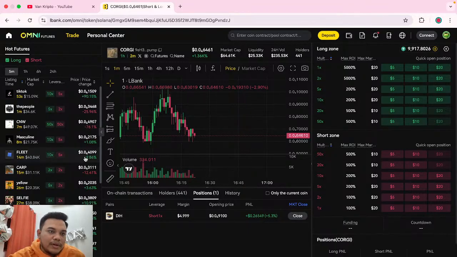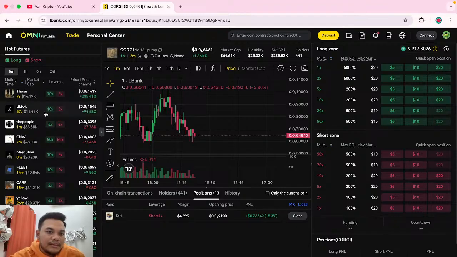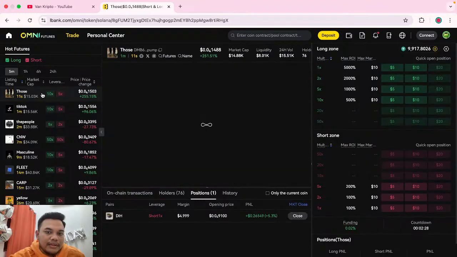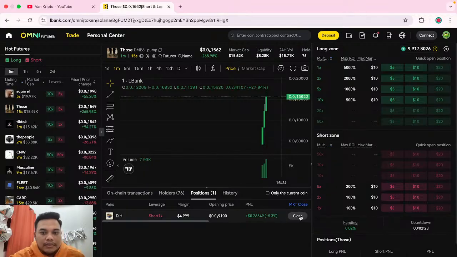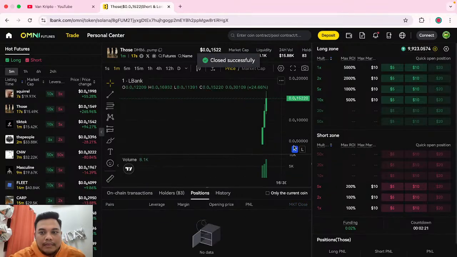There's a new coin named TikTok just listed in here. This one is having a good time, you see. I'm going to close this one and open this one for a quick pump.